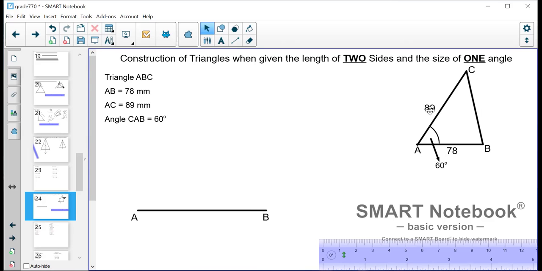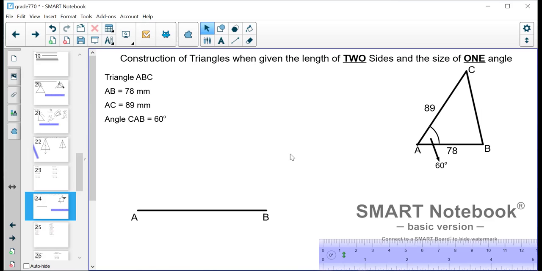You can find the length of the side AC, or you can go ahead and construct the 60-degree angle. The choice there is yours, but I will take the approach that step two will be to find the angle.